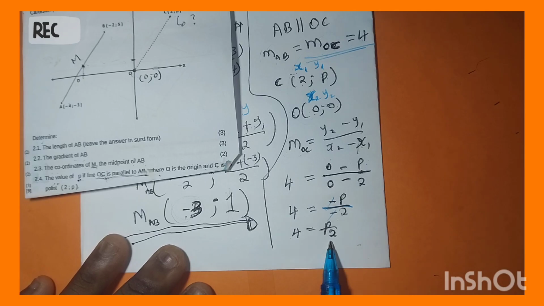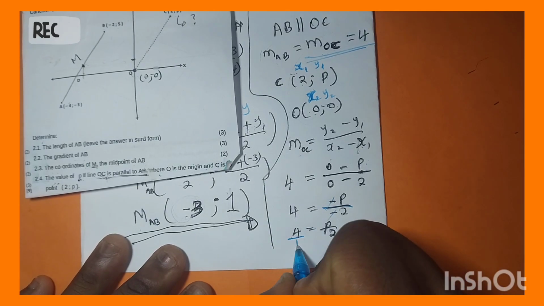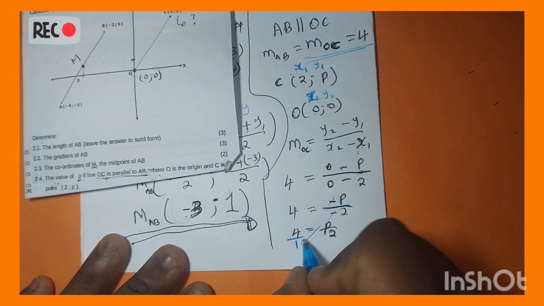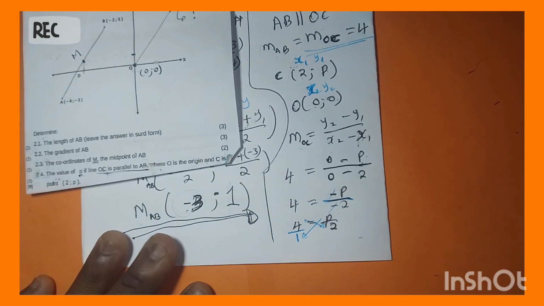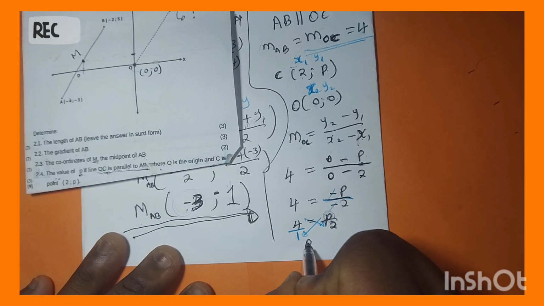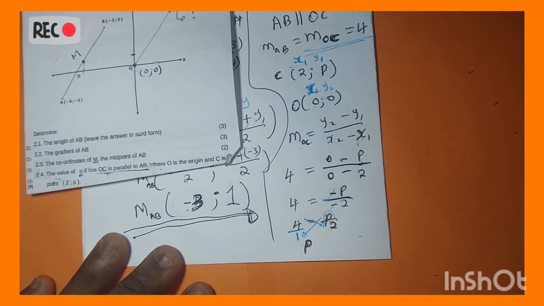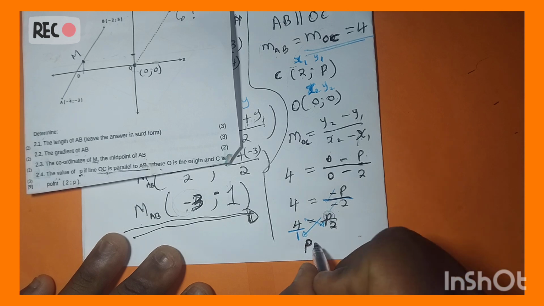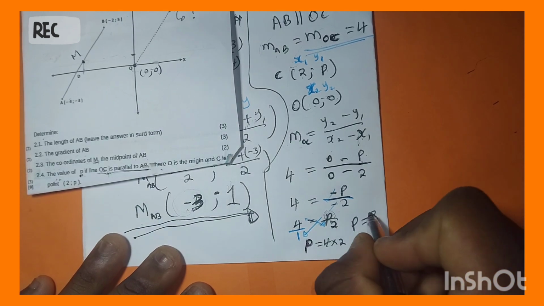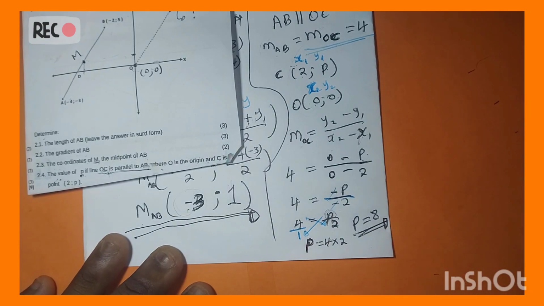Now if you've got a fraction here, you can form another fraction so that you can cross multiply. This will multiply here, that will multiply there. Anything multiplied by 1 gives the same thing, which is P, and 4 multiplied by 2 means that P becomes 8. Do you see this thing?